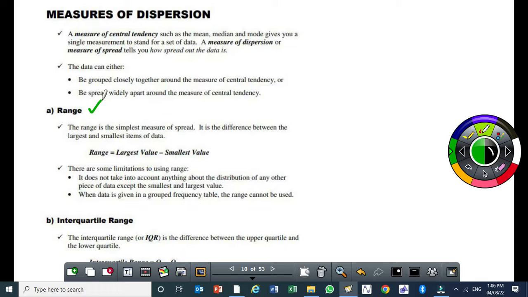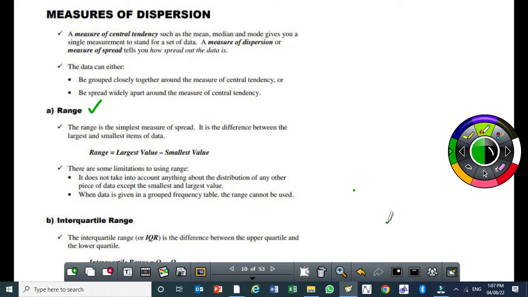How far apart is the data from each other? The range is a value you get by subtracting the smallest from the largest. So your range is equal to the largest value minus the smallest value. It is very straightforward.